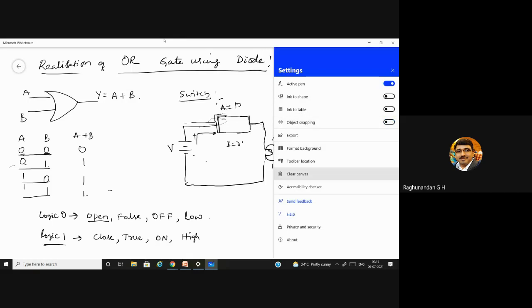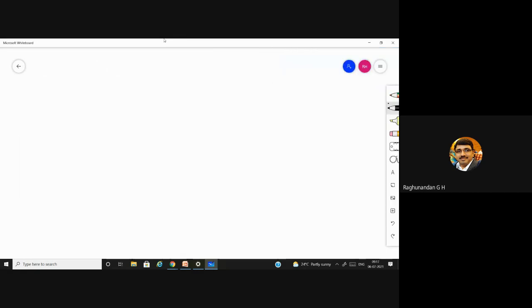Same way, we can realize the OR gate using diode. OR gate using diode.